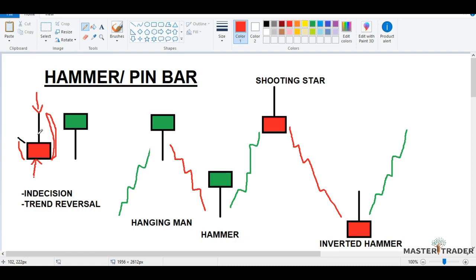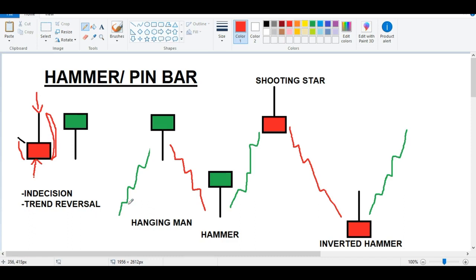No clear trend, and hammers are generally used as good trend reversal patterns, and that's where you will most likely see these. Now people have given hammers different names. So let's look at some of them.